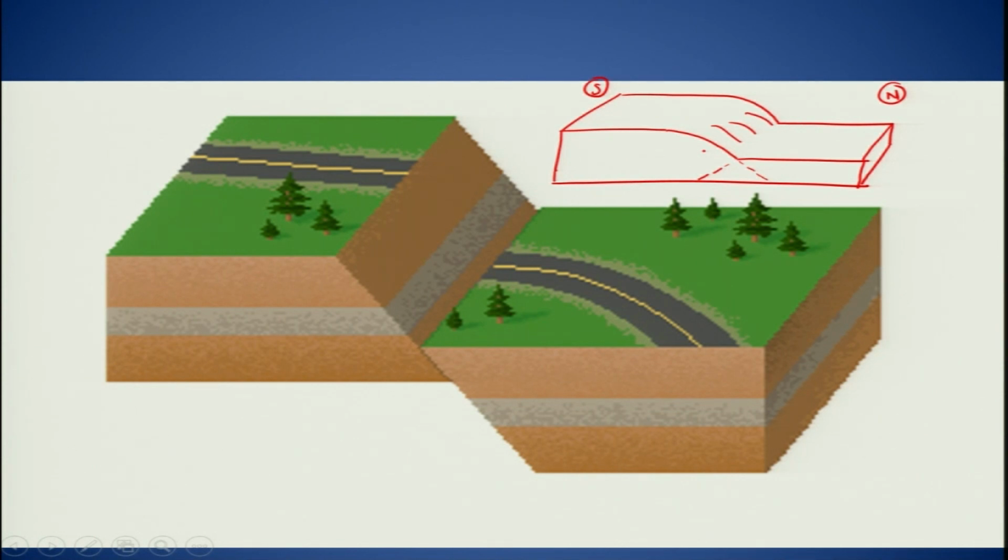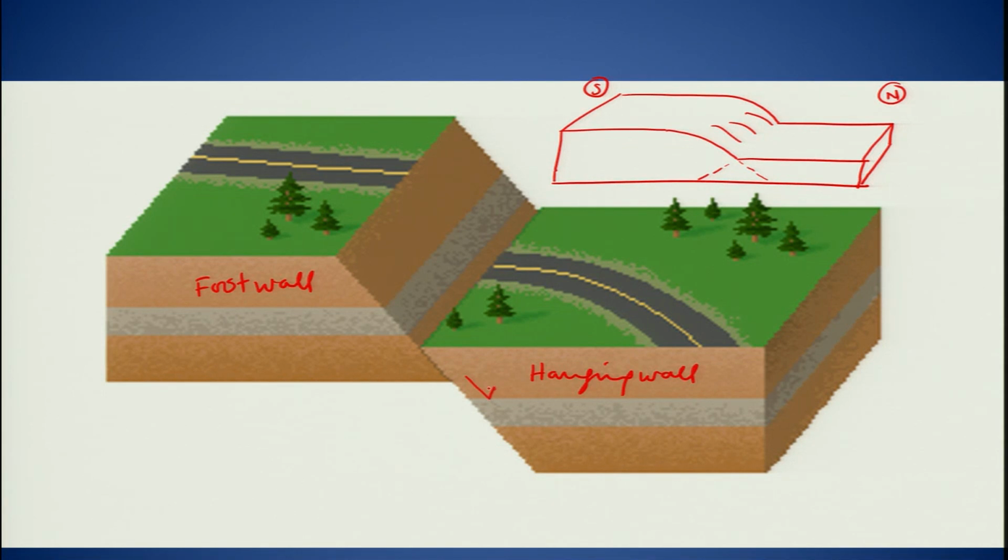But in this case what you have, this is your hanging wall and this is your foot wall. So foot wall is usually what we say is the stationary wall, and the movement is experienced by the hanging wall, and the movement has taken place.